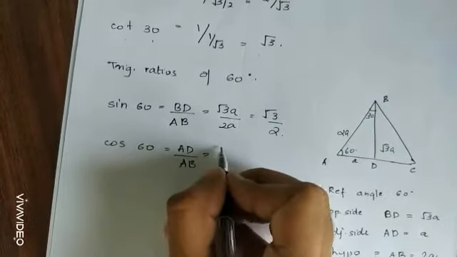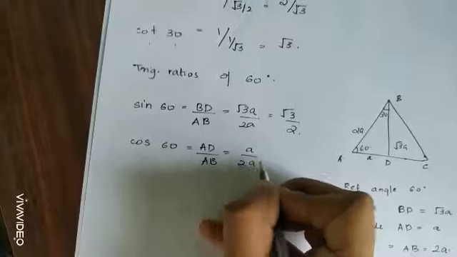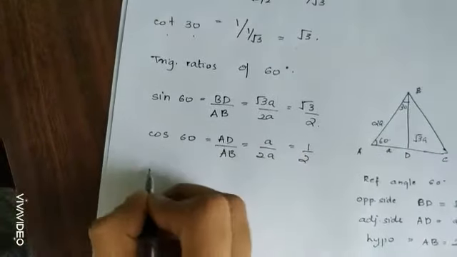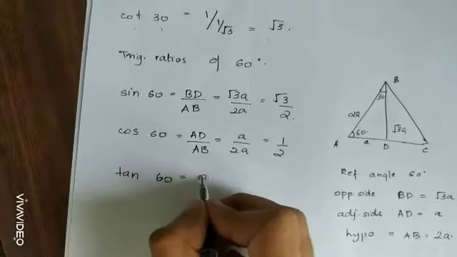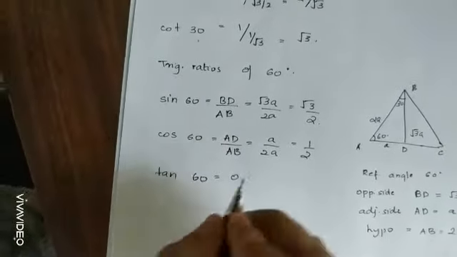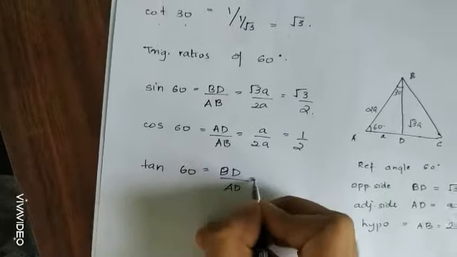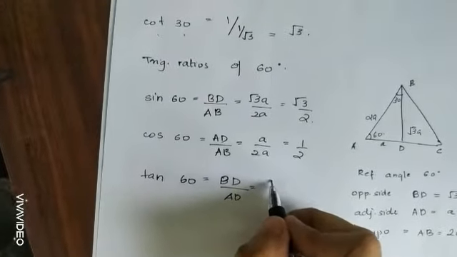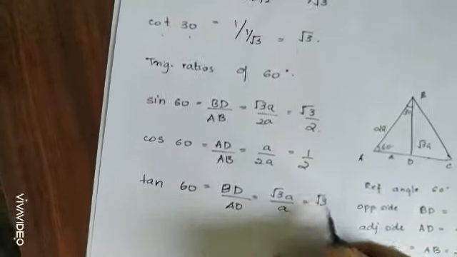This is equal to adjacent side A and hypotenuse 2A, so 1 by 2. Now tan 60 is opposite side by adjacent side. Here opposite side is BD and adjacent side is AD. This is equal to root 3A by A, which implies root 3.